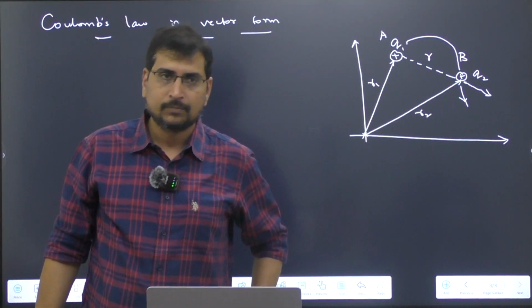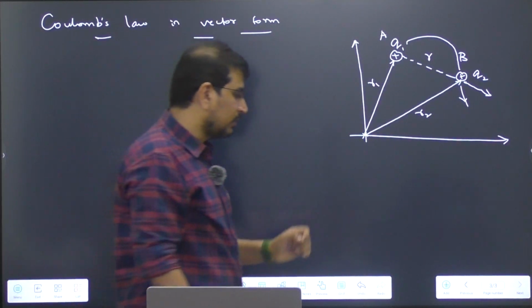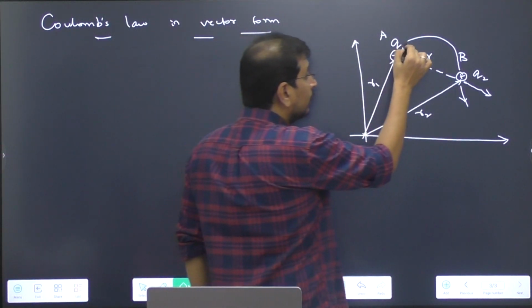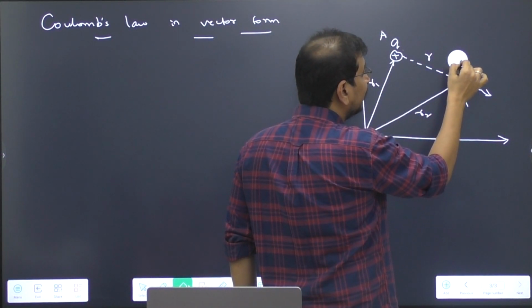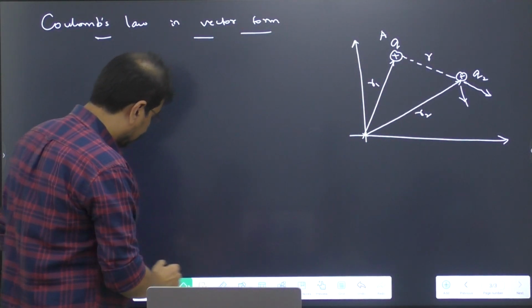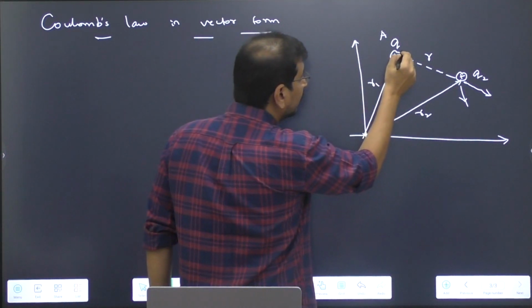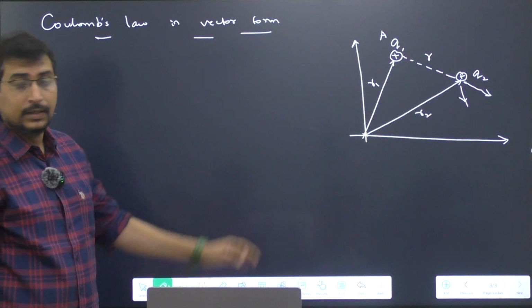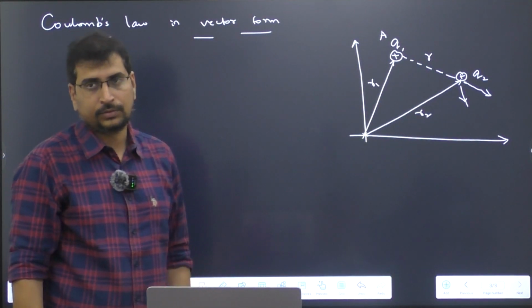Is that right? So the answer is, the first point to be noted here is, since we are dealing with direction, electrostatic force always acts along. Can you complete the statement? Electrostatic force always acts along the line joining both the charges.